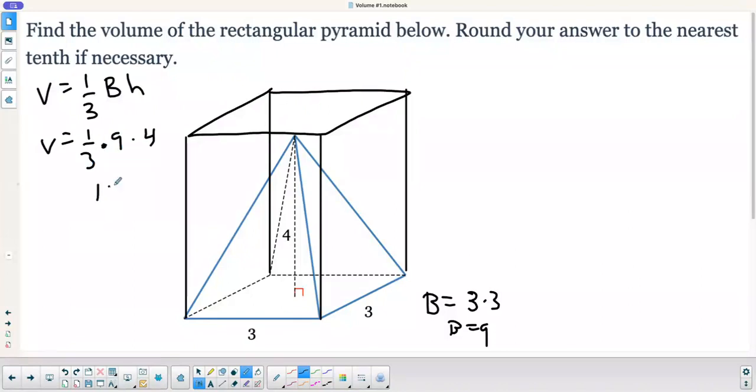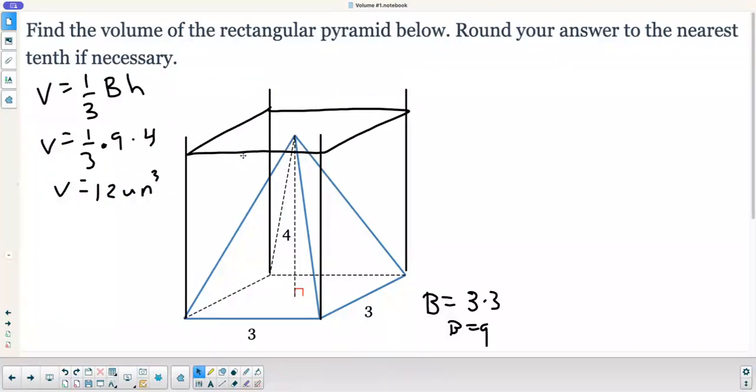So this one ends up being 12 cubic units. And honestly, my picture should be a little bit lower there to get the top of the pyramid right in the center of the prism.